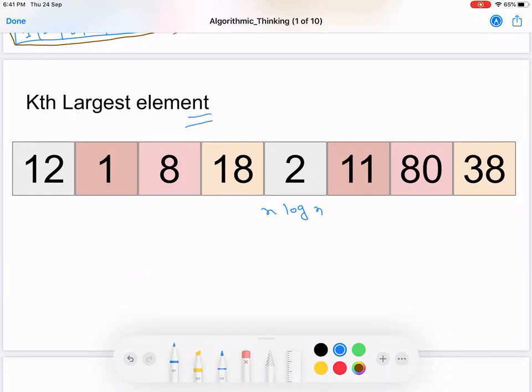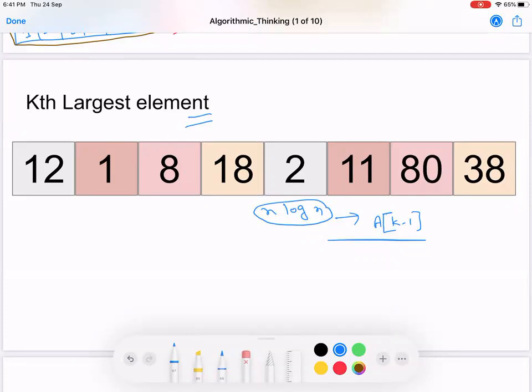Since you want the kth largest element, you can sort it in descending order, and after sorting it in descending order, you can pick up A[k minus 1], I guess. So that will be your kth largest element. But this one will require you n log n time. What is another way to find the kth largest element?